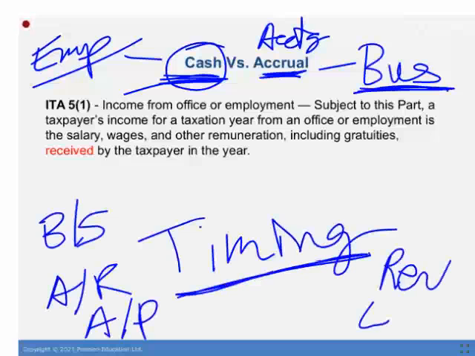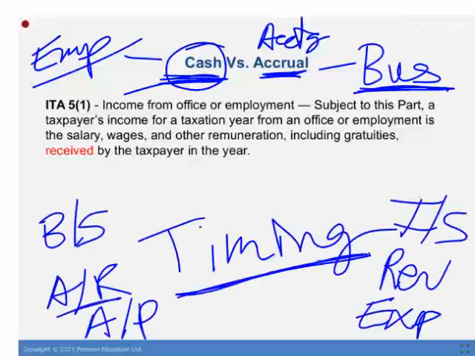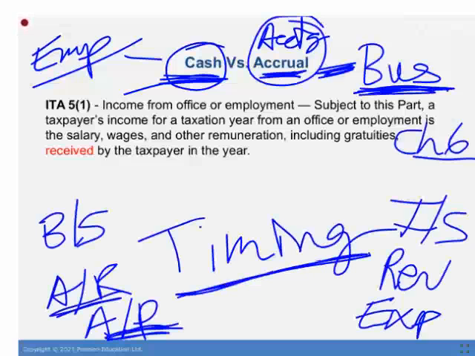There's stuff that you've recognized the revenue and the expense over on your income statement, but you haven't actually got the money yet, so it sits as receivable, or in the case of a bill you need to pay, sits as payable. So that whole accrual accounting, that's what we use for business income. So if you do have unincorporated business income, that's our Chapter 6 stuff, then you'll use accrual accounting. Over here for employees, in our Chapter 3 stuff, we're going to use cash accounting, meaning when you got paid.